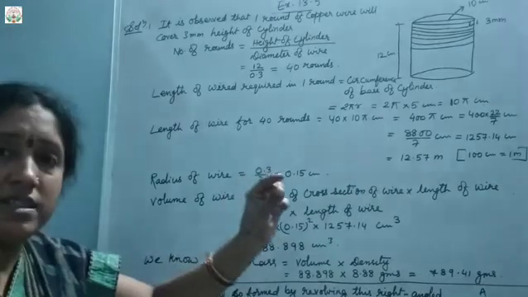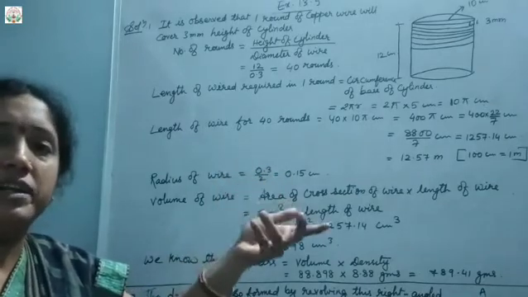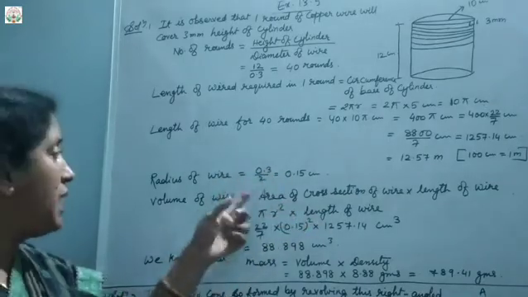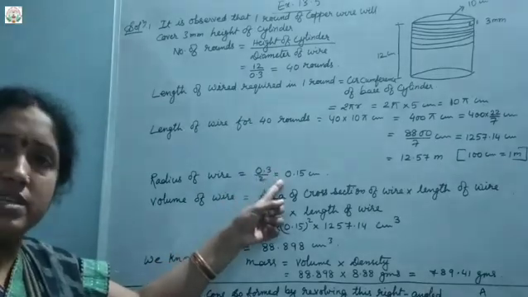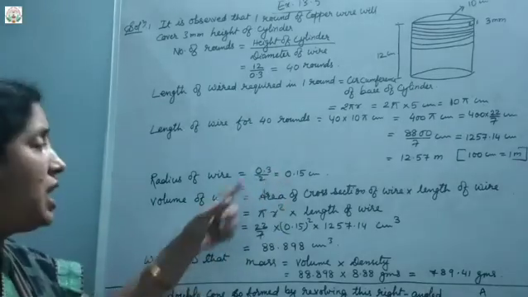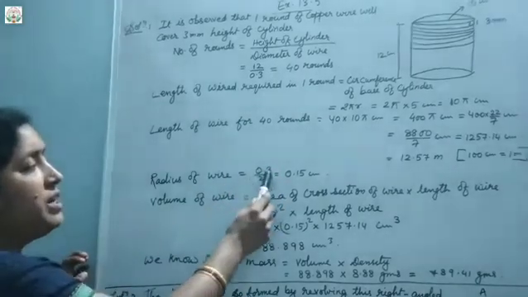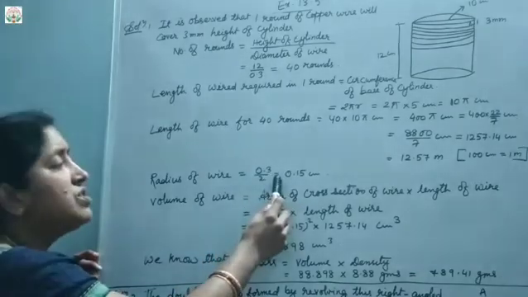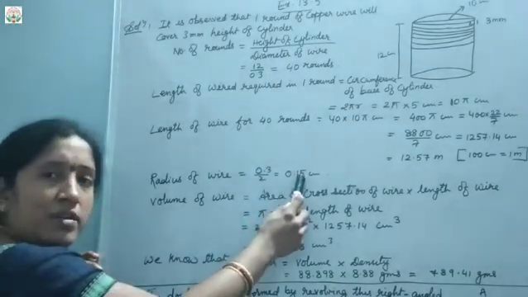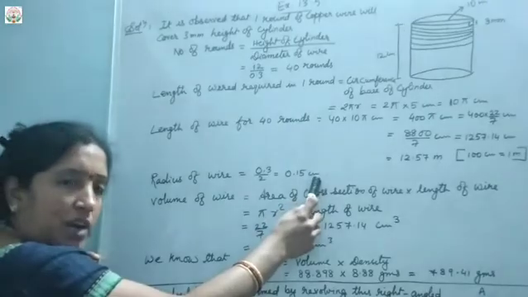Thickness means diameter, so the diameter is 0.3 cm. Radius will be half of it, that is 0.3 upon 2, which equals 0.15 cm.